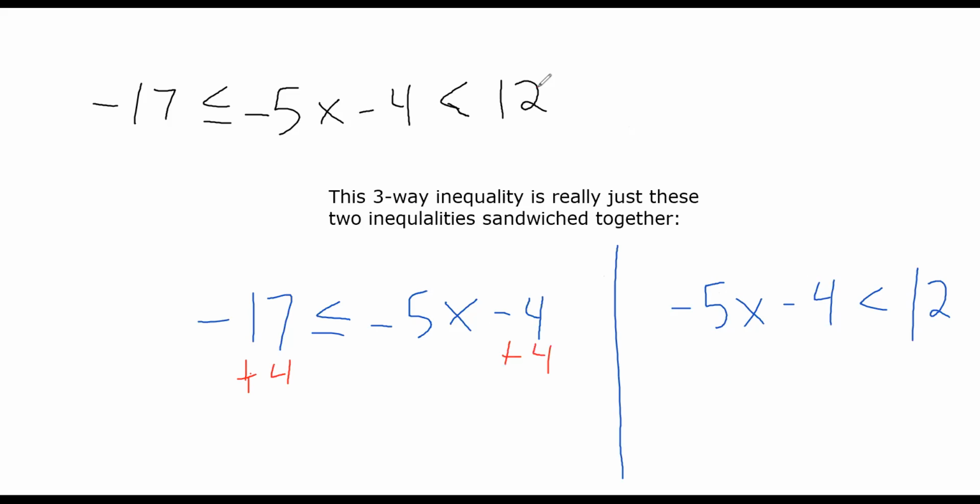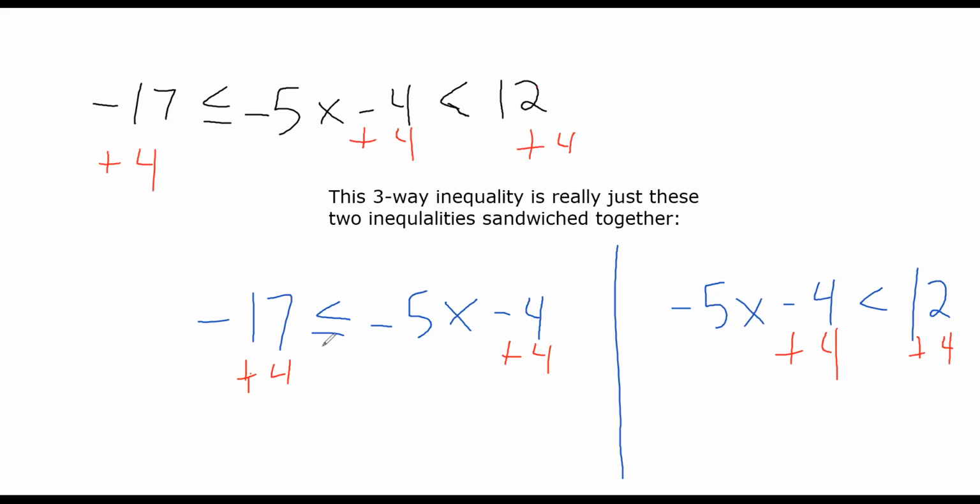But wait a minute. Once I take care of all that and solve this, I would have done the same thing over here, because negative 5x minus 4 is still the most important part. So on this one, I also would have added 4 to both sides. So wait just a darn minute. If I want to solve the full sandwiched inequality, I know I'd start by adding 4. So why not just do it to all 3 sides?